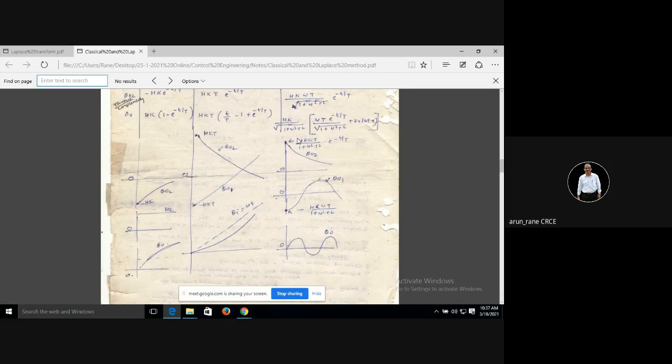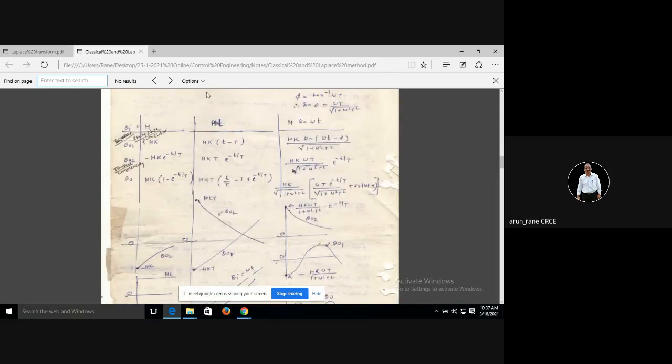So you have only this much: hk omega t upon 1 plus omega square t square, and this is minus. So these are the same, so they will get cancelled and you will get 0 here, and so on. So this is what is called the classical solution method, in which you get two outputs. One is your steady state response and another is your particular response, right?